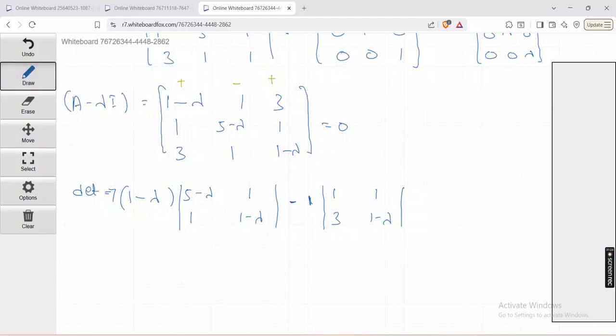So the next one is plus. We have 3 here. Third column, first row: 1, 5 minus lambda, 3, 1. Now, step by step, you have to simplify it. If you do it all together, you will get confused.